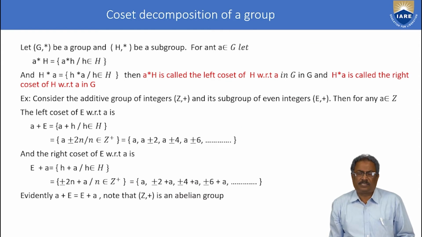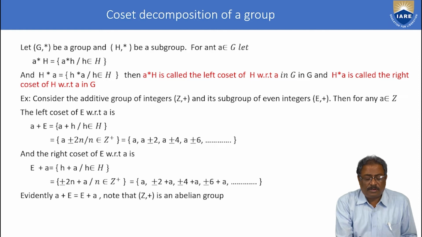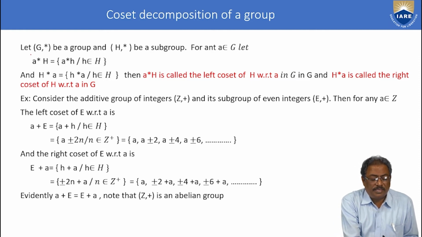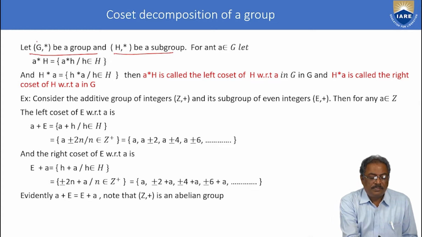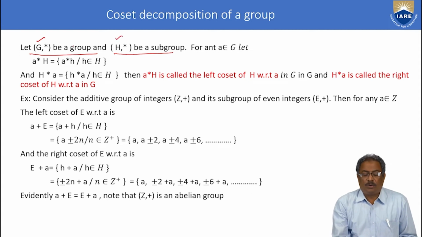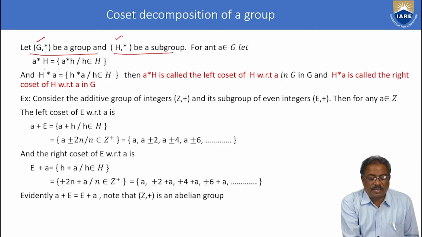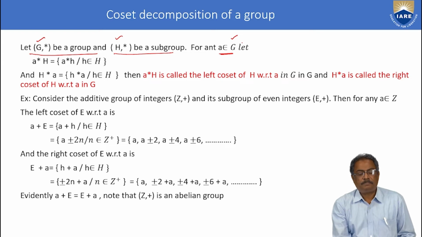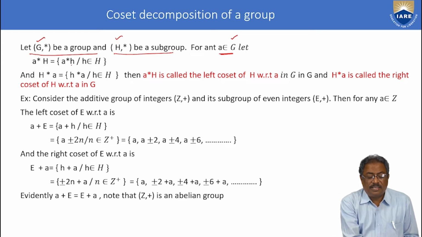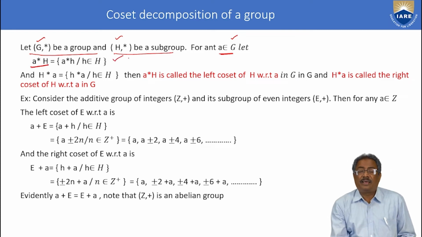Now let us go to the other concept, the coset. Let G be a group and H a subgroup under the same binary operation. Now let us consider a star H. For any element a from the group G, a star H is the set of a star h such that h belongs to H. We are going to call it a left coset.